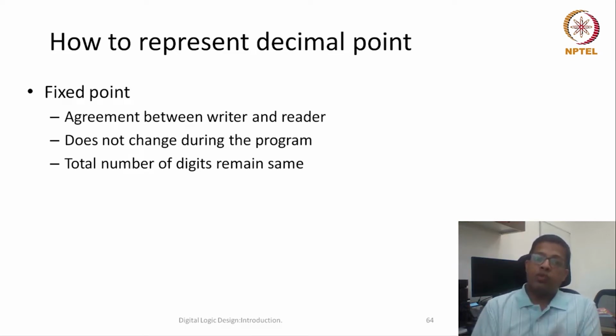Now one way of representing this decimal point, in fixed point, is that we don't write the decimal point per se, but there is an agreement between the reader and the writer, the person who is giving the binary number and the one who is reading it. When this agreement is there, it means we are saying that there is a point which exists.